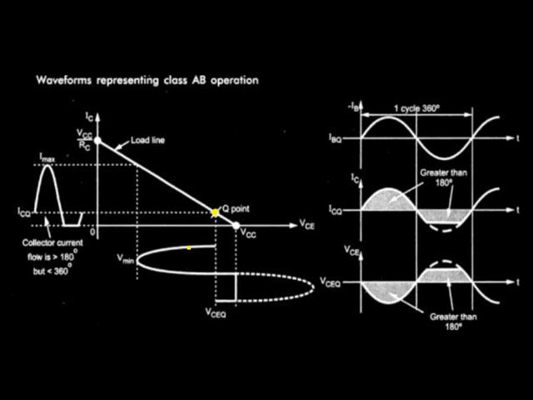So, which means IC will be flowing for more than 180 degree, but less than 360 degree. So, this much signal is only lost. Still, you can reproduce this much. So, that is class AB operation. If you consider 360 degree, it is greater than 180 degree, but less than 360 degree.